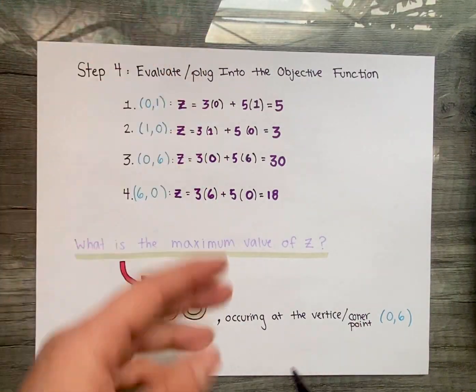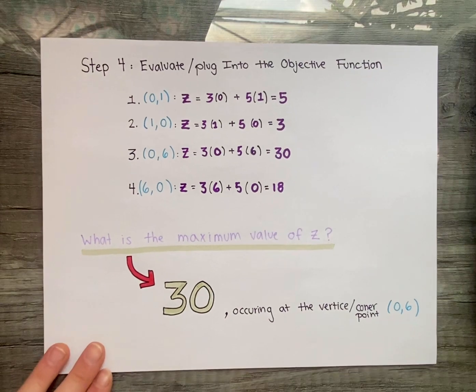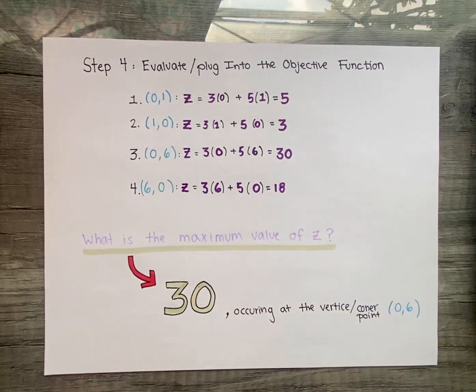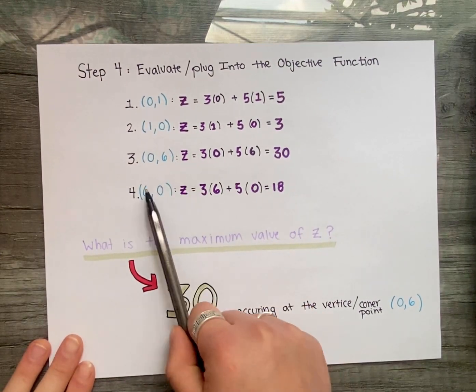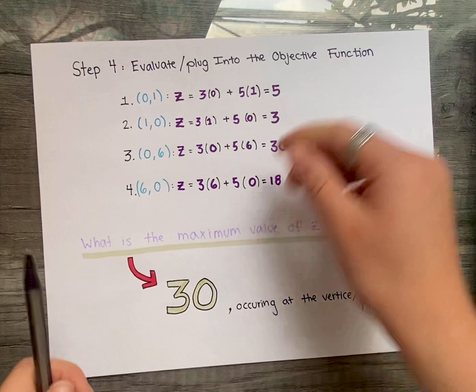The next thing that we're going to do to further solve the problem is evaluate the objective function by plugging in our corner points. So we have 0, 1, 1, 0, 0, 6, and 6, 0.